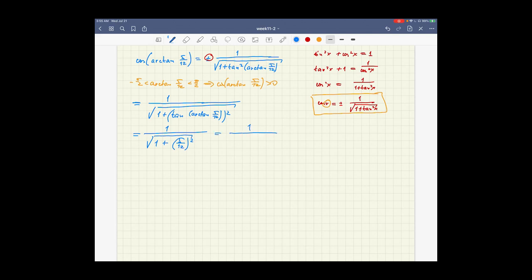And after some arithmetic, we get 1 plus 25 over 144. That's 1 over root 144 plus 25 over 144, which is 169 over 144. 169 is the square of 13. And so that simply is 12 over 13.